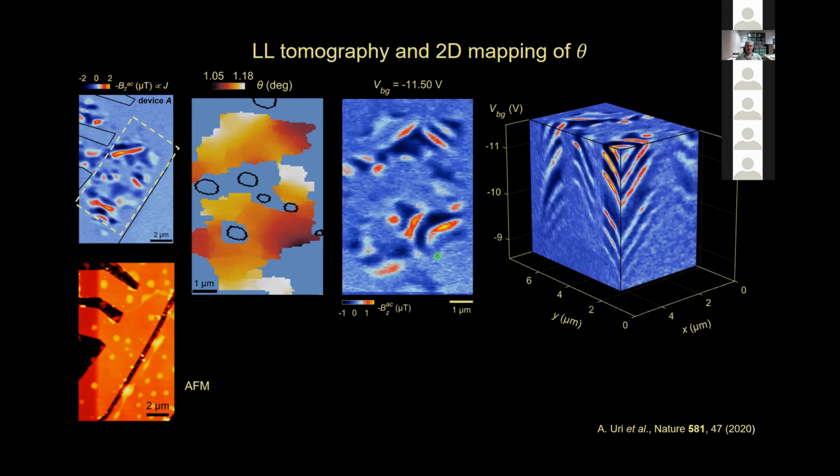But the amazing thing is that we usually think of Landau levels as having to close some contour. Landau levels are topological objects, so they cannot just start and end in the middle of the sample. Remarkably, however, this is what we see.